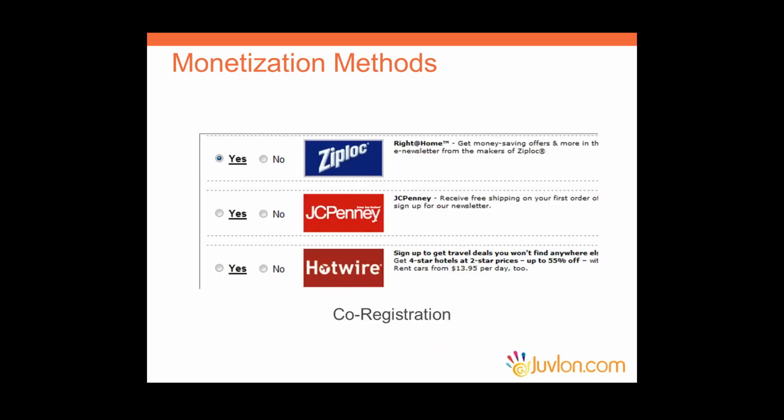Another is co-registration. So basically you can give your users the opportunity to also opt in to other email lists. One example is that if you run a travel blog, you might be able to invite new subscribers to also opt into the email list of a company that sends out offers or alerts on airfares.